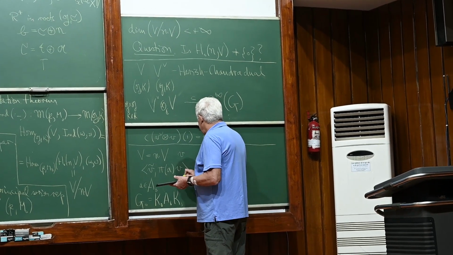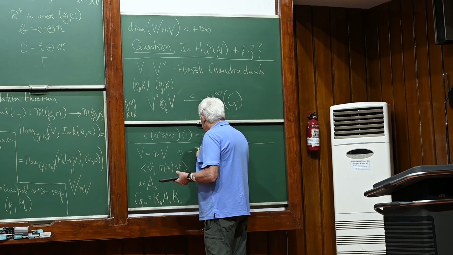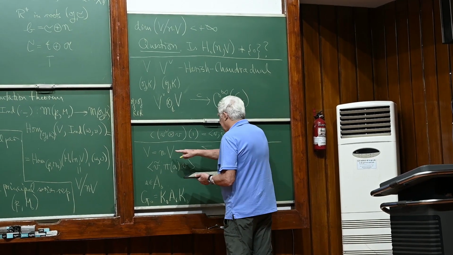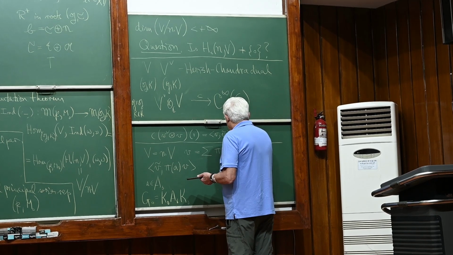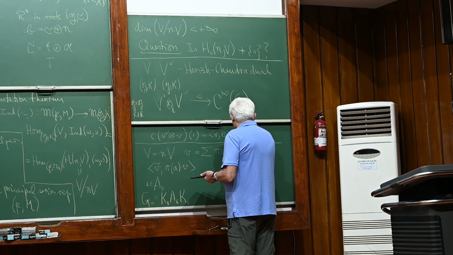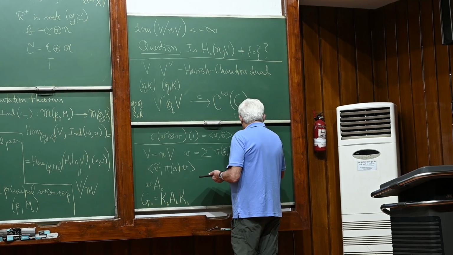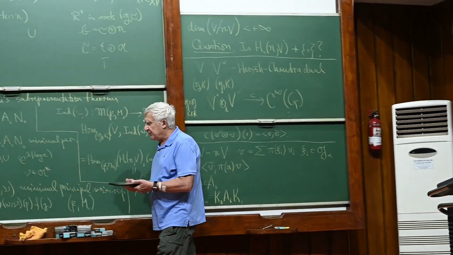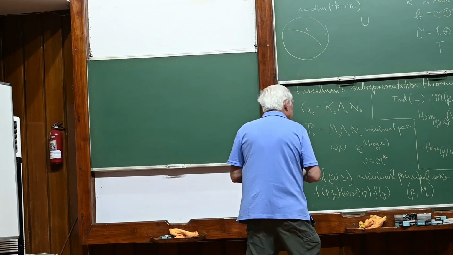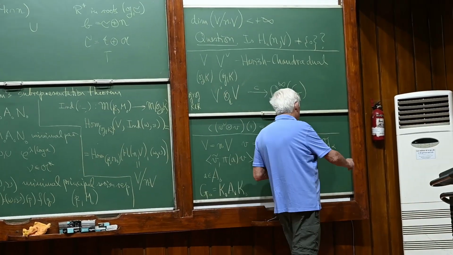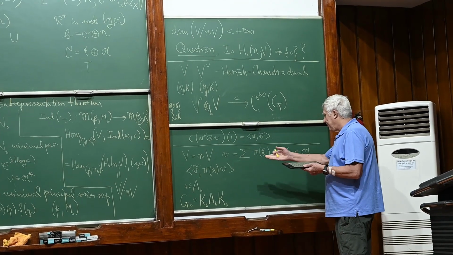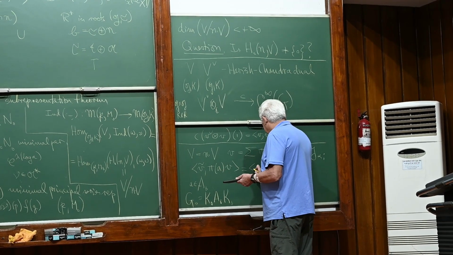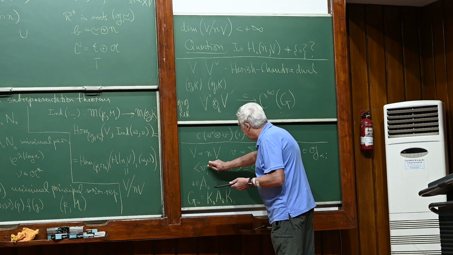So I take a vector V, and I can write the vector V as a sum of pi of c_i, v_i, where c_i are in some root subspaces with respect to A, so these are just real roots, alpha_i, and I plug this in my formula, and then I get that this is V-twiddle of, let's say, V-check.